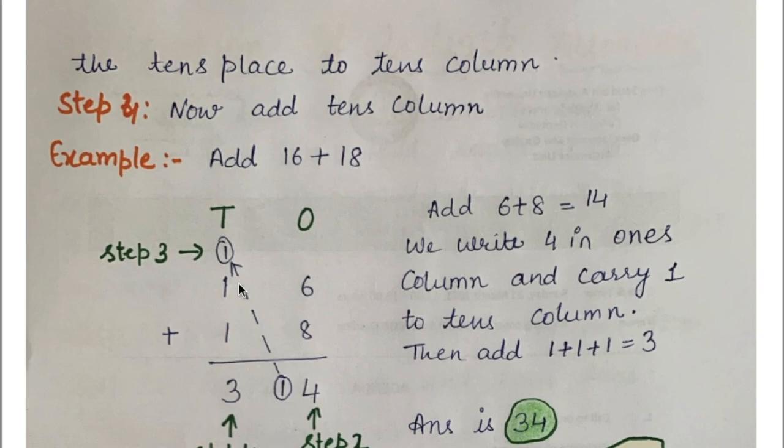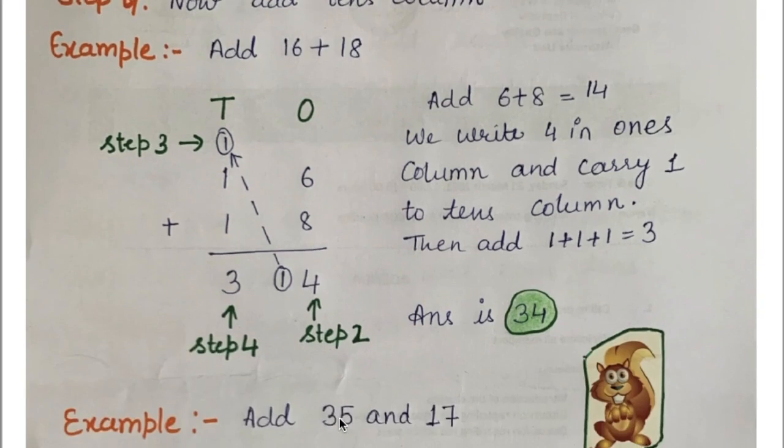We write 4 in the ones column and carry 1 to the tens column. Then add 1 plus 1 plus 1, which is equal to 3. So our answer is 34.